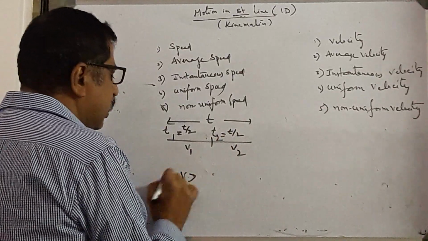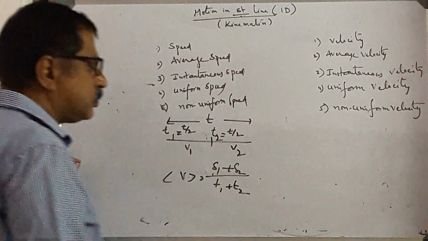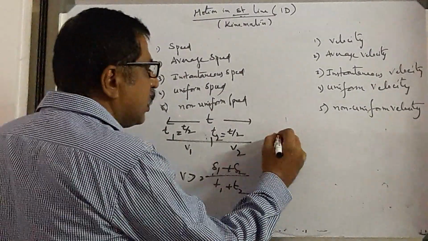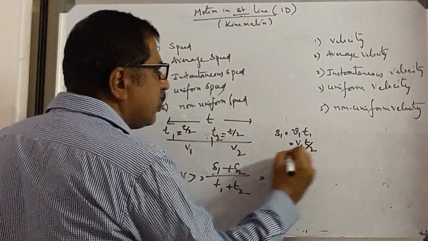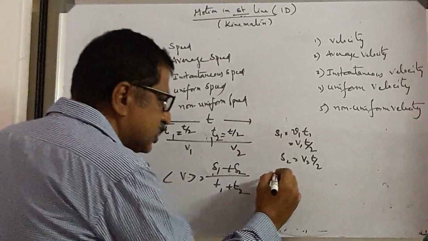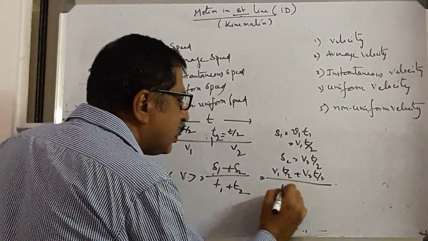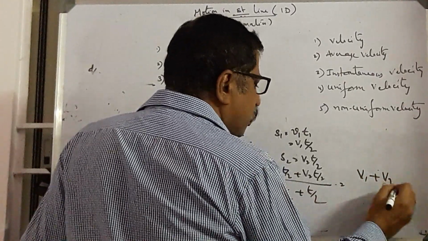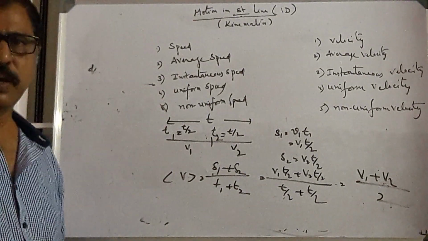Then average speed is (s1 plus s2) by (t1 plus t2). Here S1 is equal to V1 T1, that means V1 T by 2, and S2 is equal to V2 T by 2. We substitute S1 and S2: (V1 T by 2 plus V2 T by 2) by (T by 2 plus T by 2). Here we get (V1 plus V2) by 2. This is the average speed of the body.